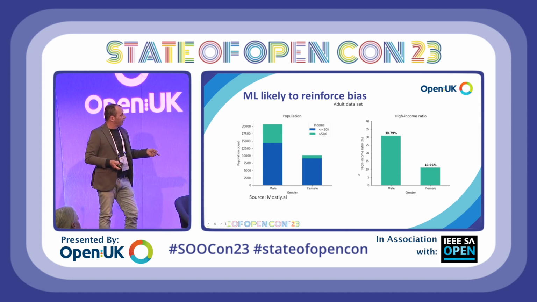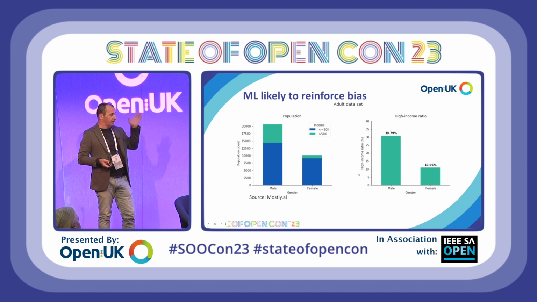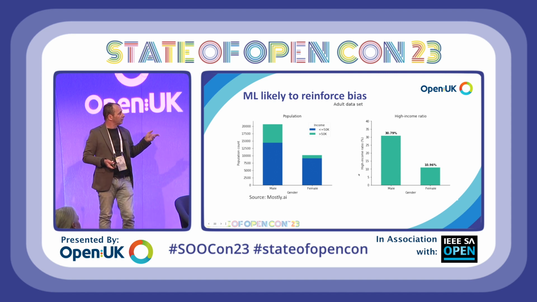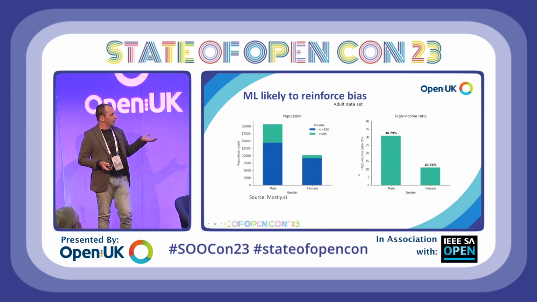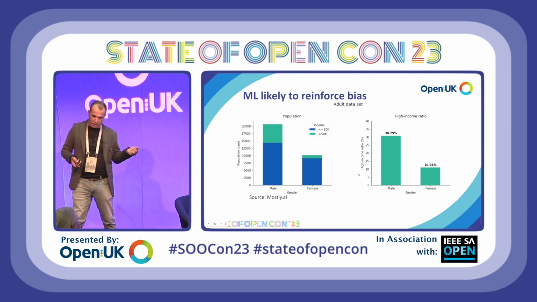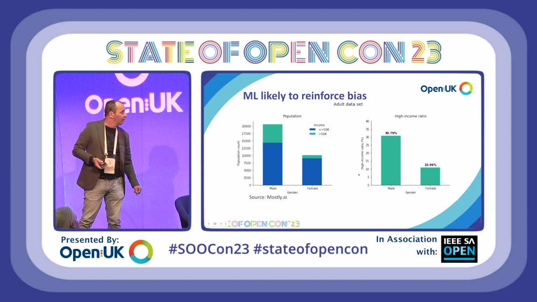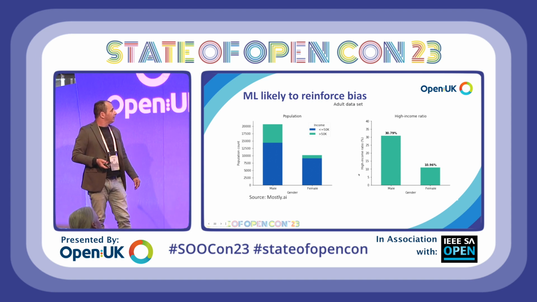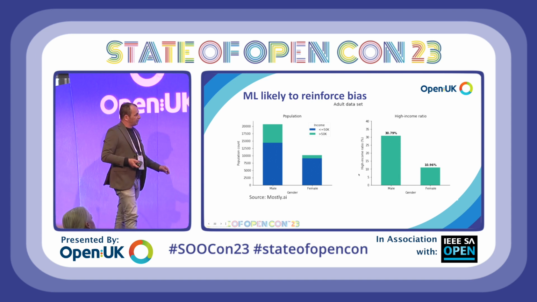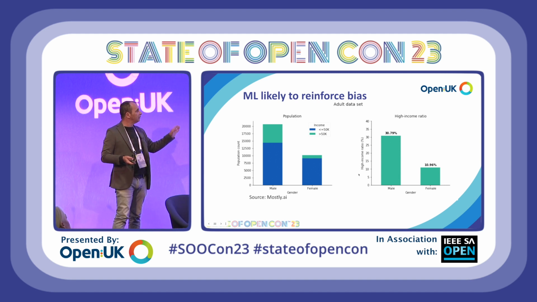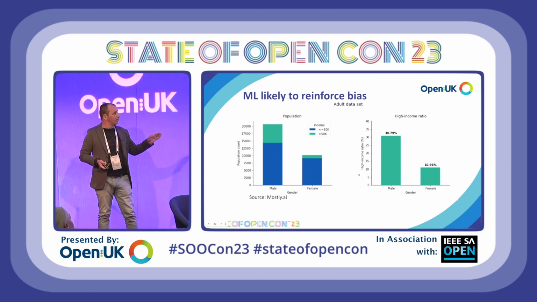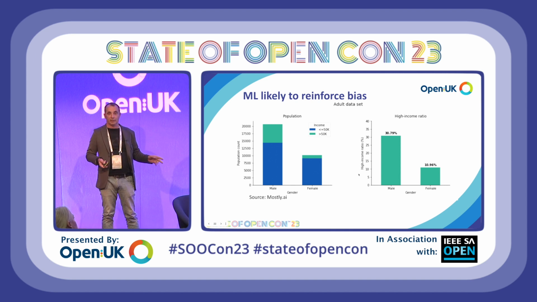So if we train a model on a very classical data set called the adult data set, we want to predict income: what percentage of the population has an income above $50,000. The original population is pretty much male biased, so the percentage of males is much higher than females.